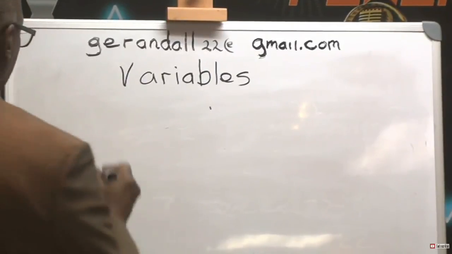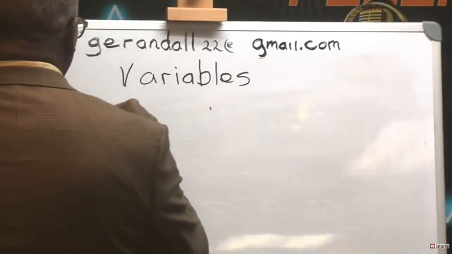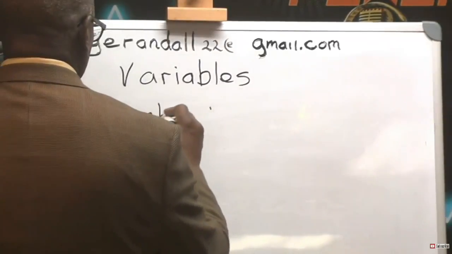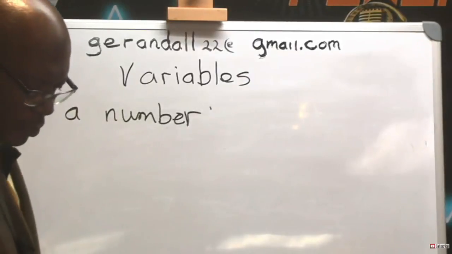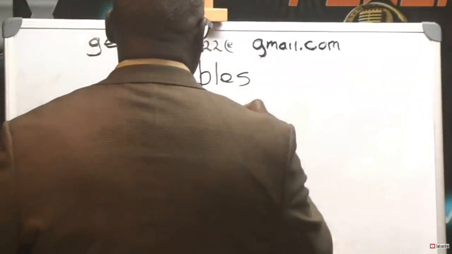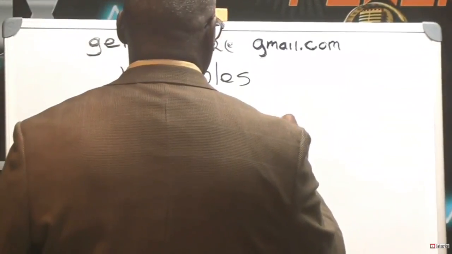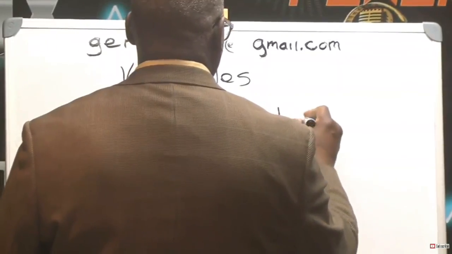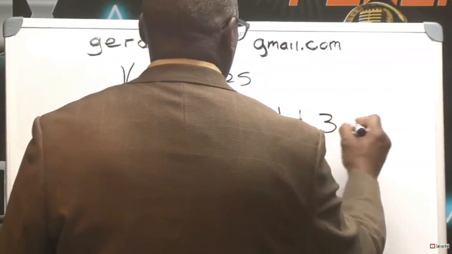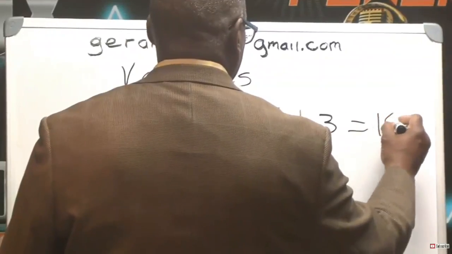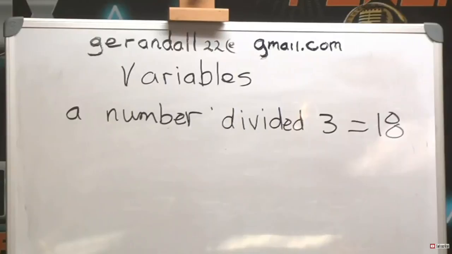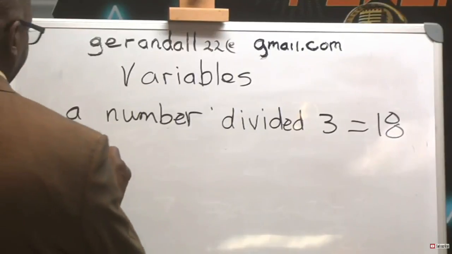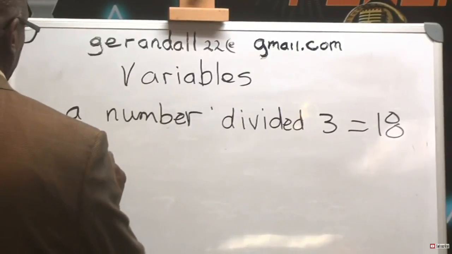And again, a number divided by three equals 18. So we got a number, m.